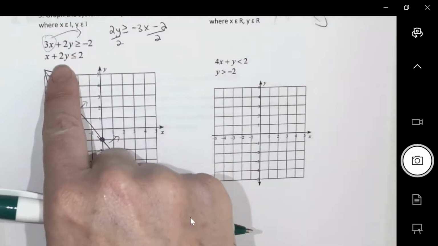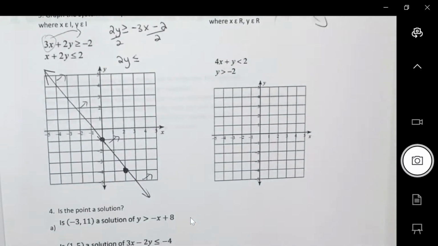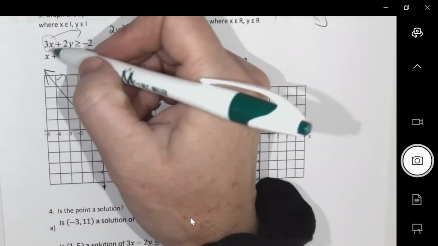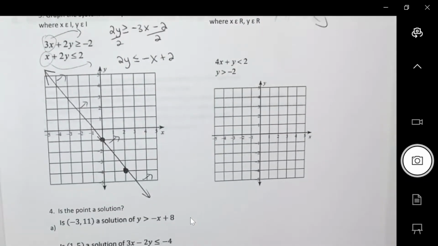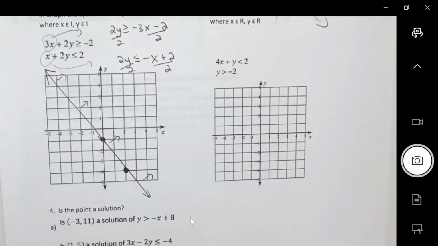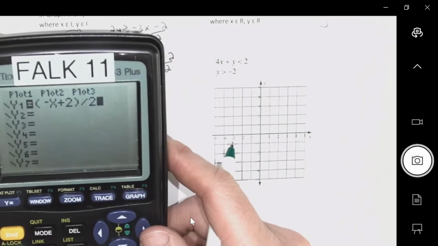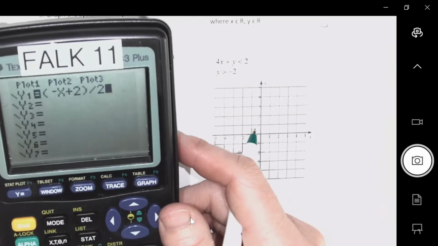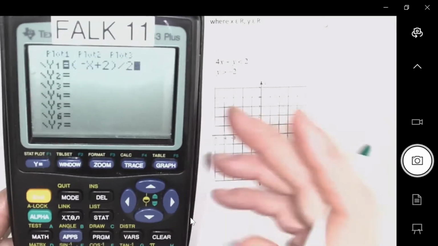Okay, we got to do this line now. So 2y less than or equal to, move the x, so negative x plus 2, move the x, divide by 2. So here's my equation in my calculator.